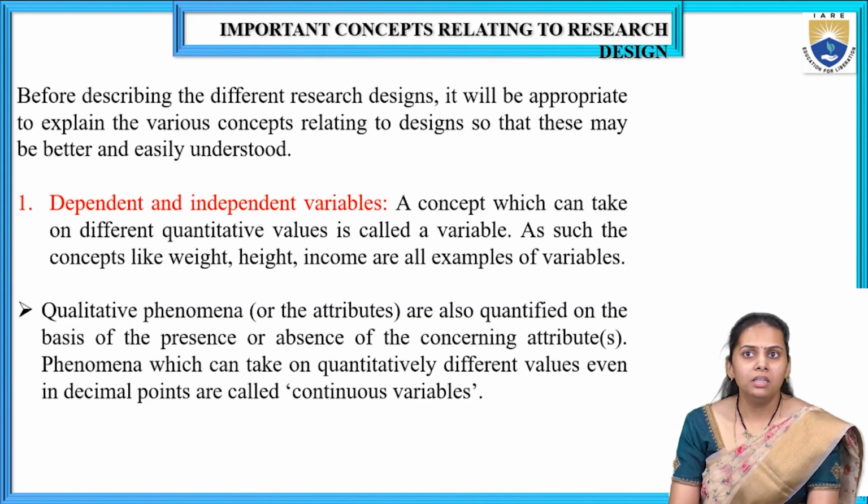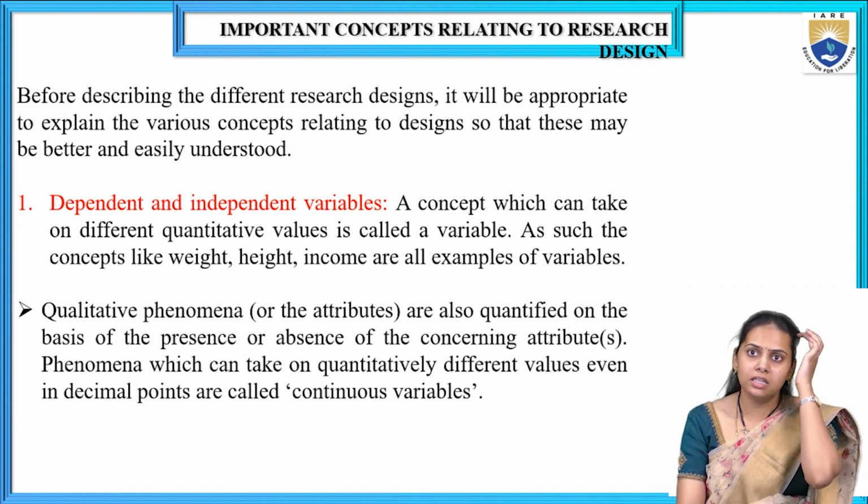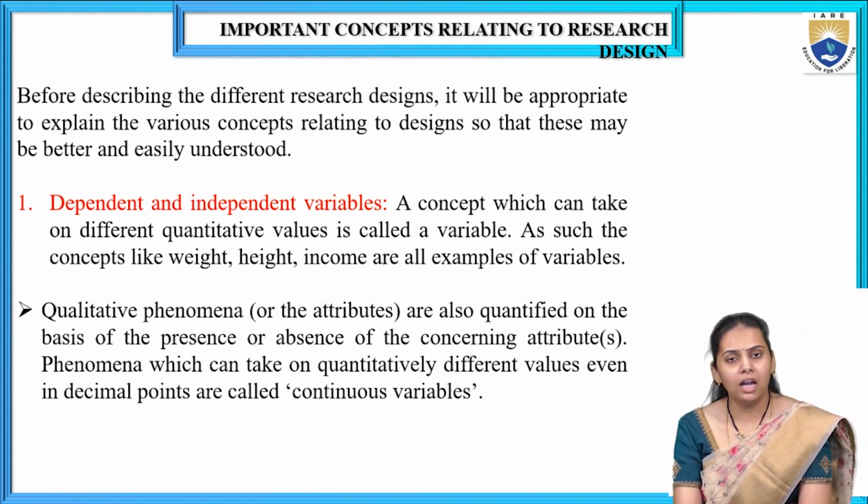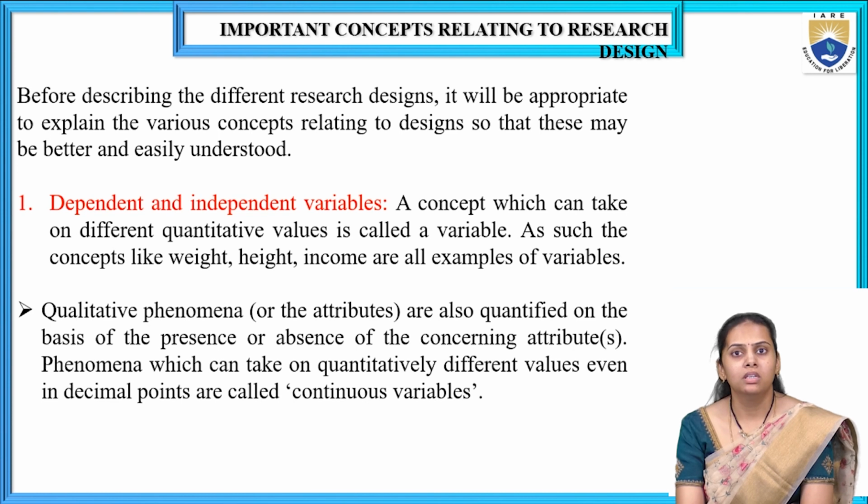What are the important concepts related to the research design? Before describing the different research designs, it will be appropriate to explain various concepts relating to the research design so that these may be better and easily understood. Here, the dependent and independent variables. A concept which can take different quantitative values is called a variable.